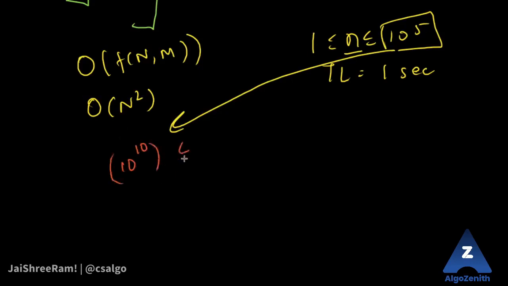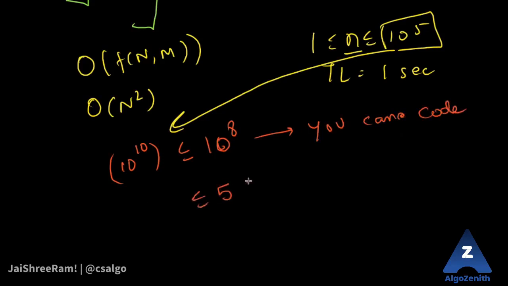See if this is less than or equal to 10 to the power 8, you can code the solution in most of the cases. Just to be safe, if it is less than or equal to 10 to the power 7, you are even safer.